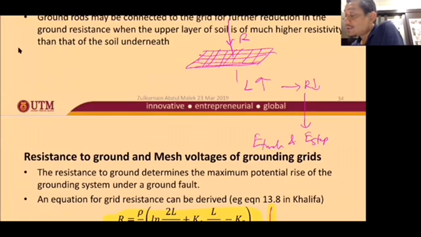Acceptable means they are lower than the tolerable one. So this is the whole design of substation grounding. You increase L or the amount of conductor or the grid configuration until resistance is low enough to give you low enough E touch and E step.